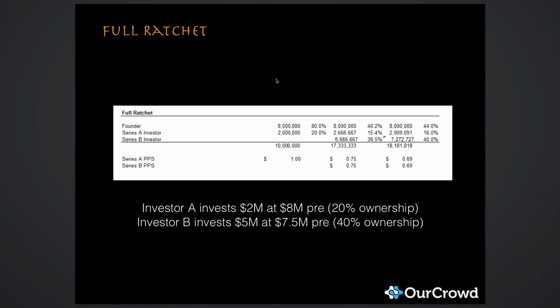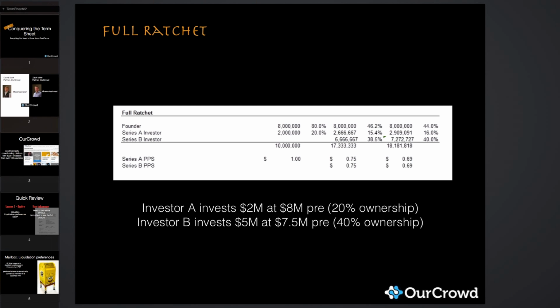Now, the full ratchet, as we said, goes ahead and lowers your price effectively to match the price of the new investor. So we're starting at the same starting point here, where it's an 80-20 split between the founder and the Series A investor. And then the Series B investor comes along.